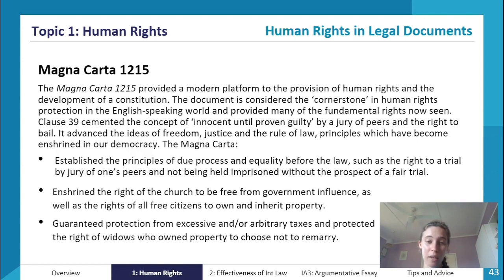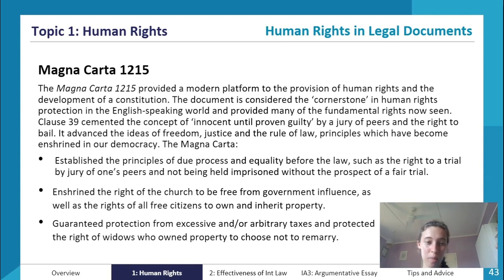So it provided a modern platform to the provision of human rights and the development of a constitution. It is a document that's listing the different human rights, so it's considered pretty much a cornerstone in the English speaking world around human rights.